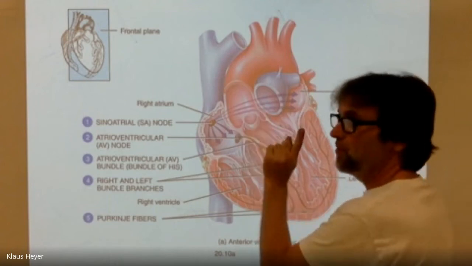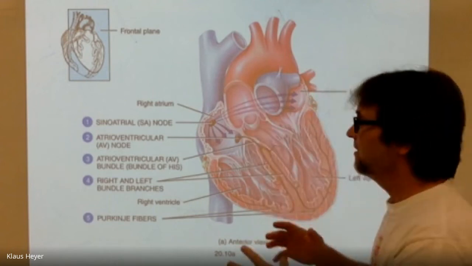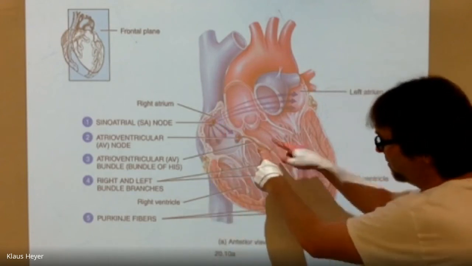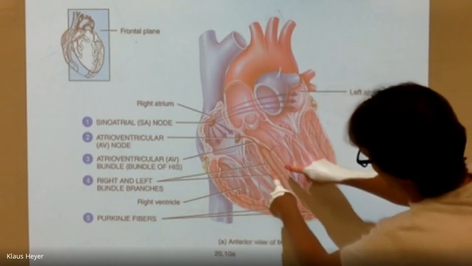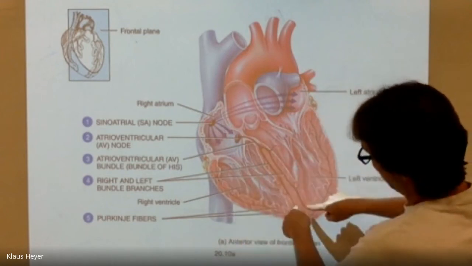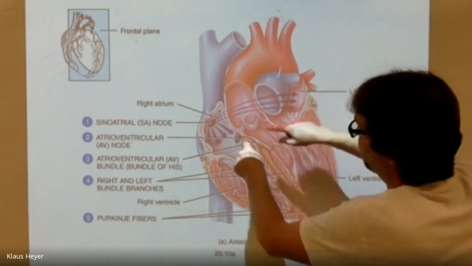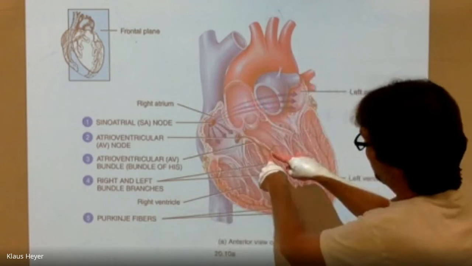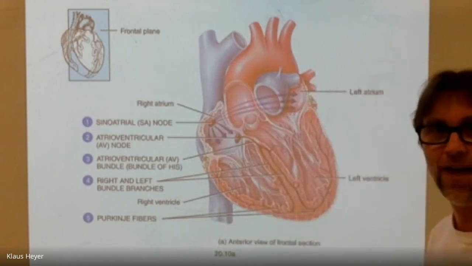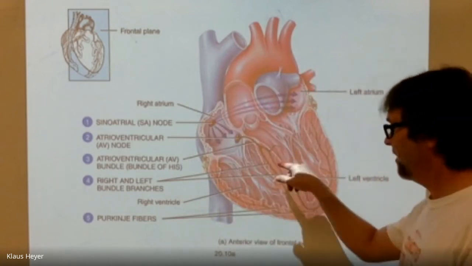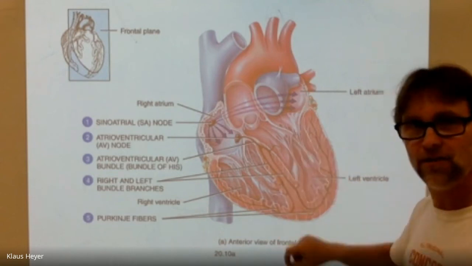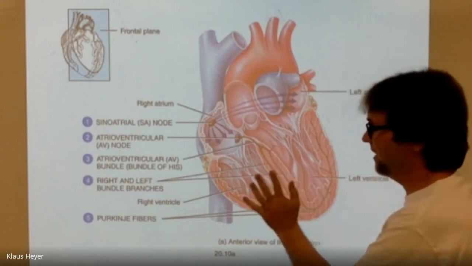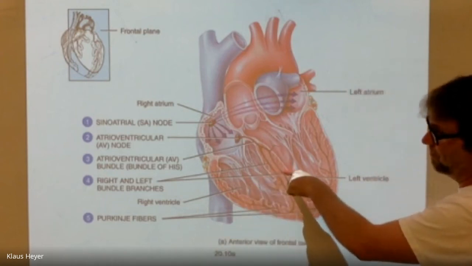It's supposed to be coordinated: the action potential goes here, then down here. It splits, and then it goes around the apex of each ventricle. It's just supposed to keep going like that. Sometimes things happen. You get down here, and then a few of them shoot off. Right? You don't want that. You have to go in there and find them and cauterize them. But often what happens is it gets blocked. But anyway, the left and right bundle branches.